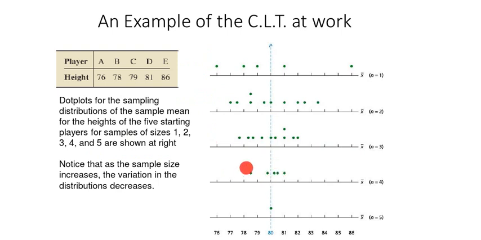And of course, the sample of size 5 is our entire population. That's the census right there. The average is 80. Clearly, as the sample size increases and gets closer to the population size, it appears as though our standard error goes down. Our standard deviation decreases. And that's what we want to know about this one.